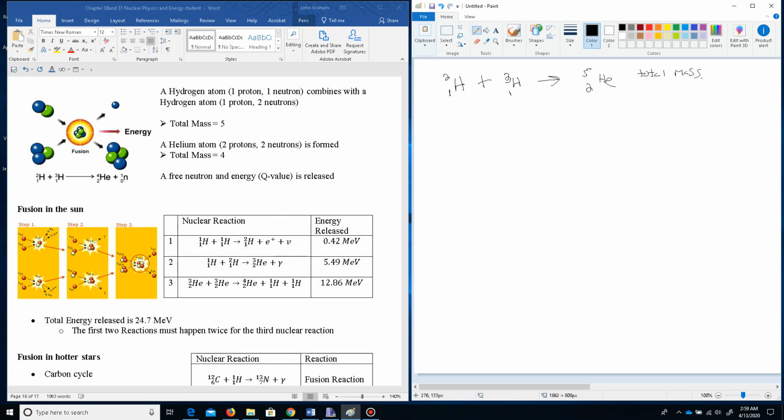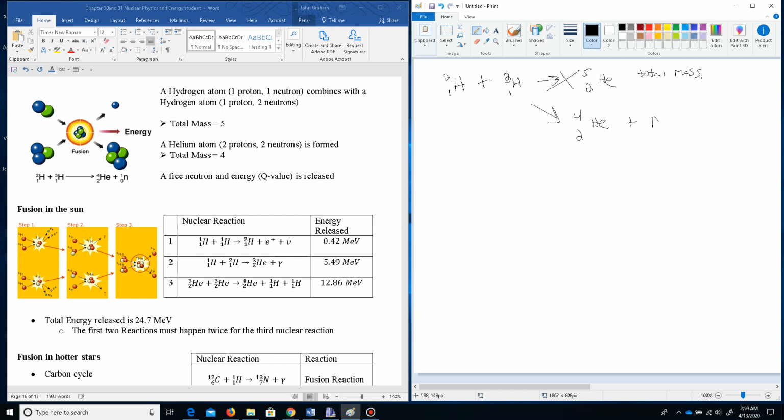But what actually happens is this would transform. This isn't what happens, and it actually becomes the helium, because this is a stable helium nucleus, an alpha particle, plus one neutron. Sorry, not neutrino, one neutron.